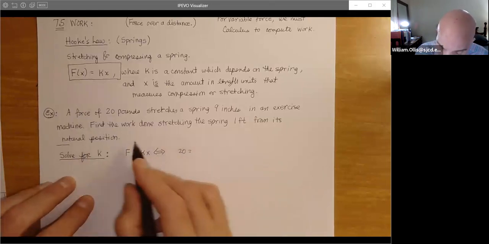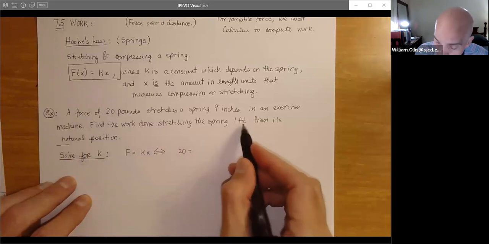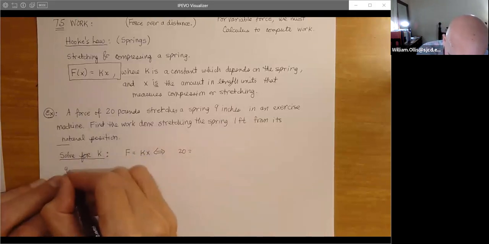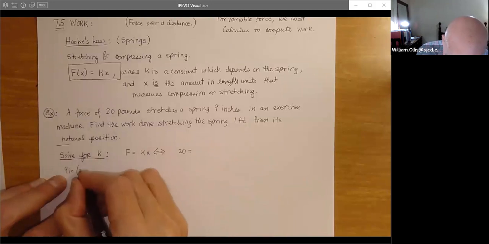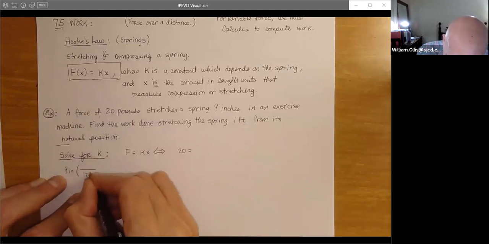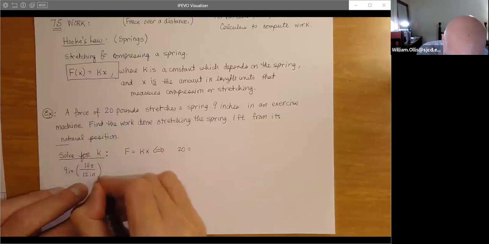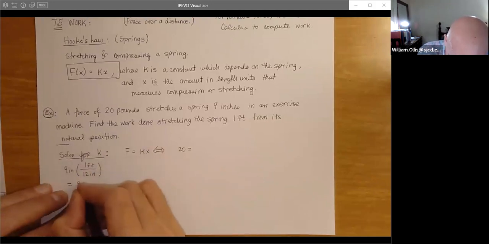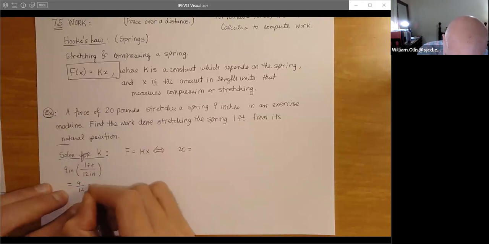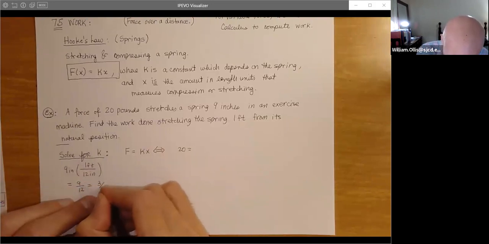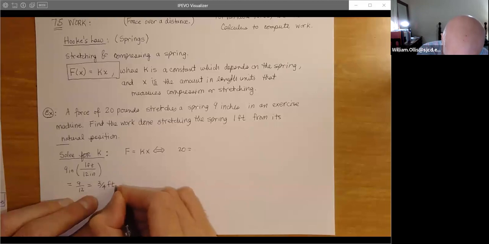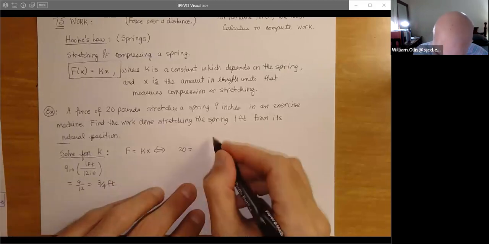And now, of course, we've got feet here and inches here. So we'll have 9 inches, 12 inches, like we're in pre-cal, 1 foot. So this is 9 over 12, or 3/4 foot. So now we can substitute.